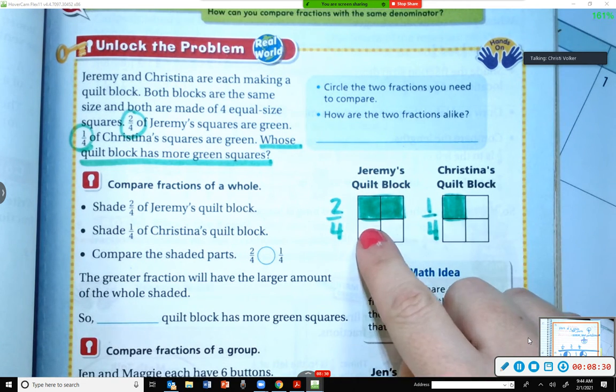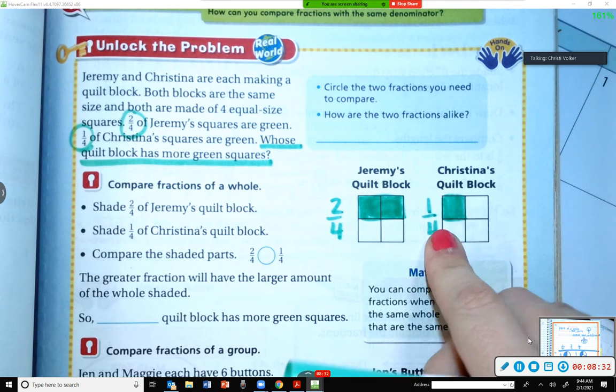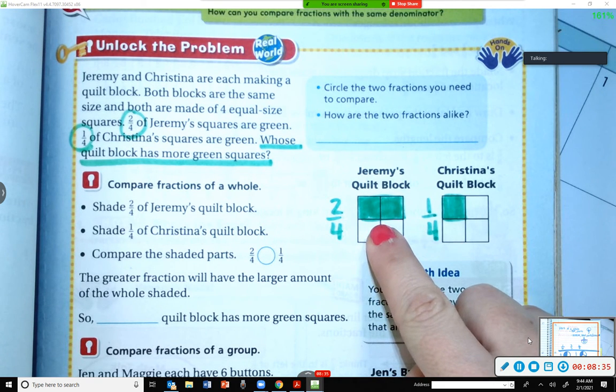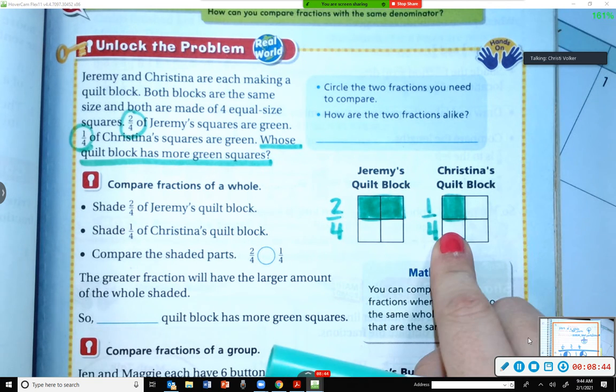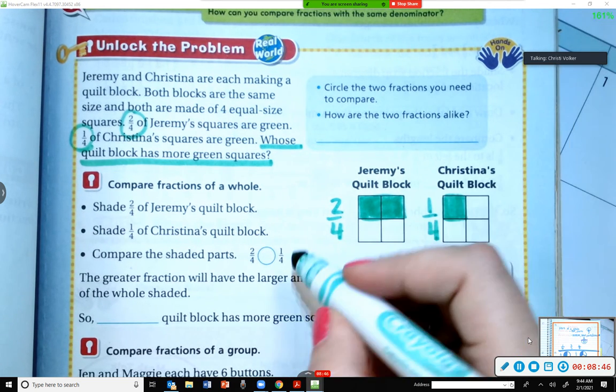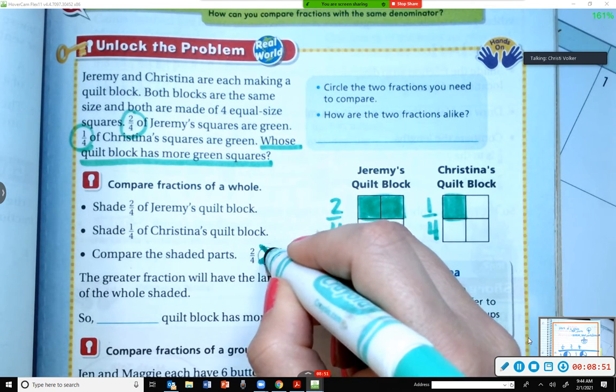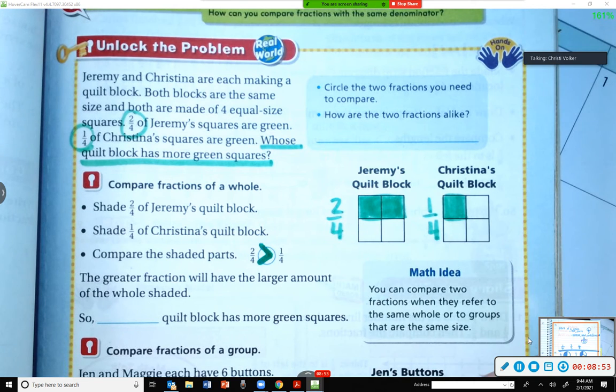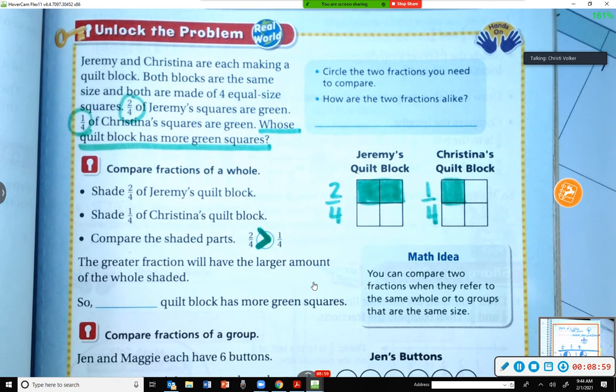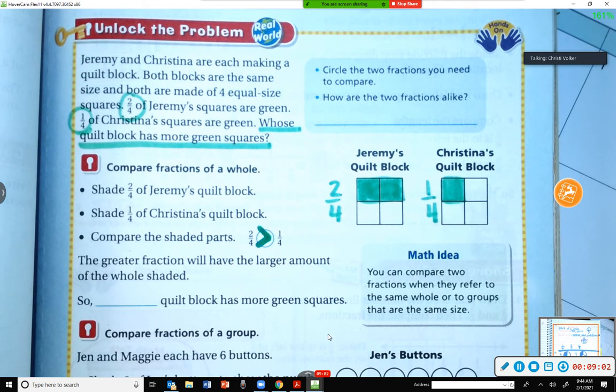So who has more, Jeremy or Christina? No, more green blocks, more that we shaded in. So Jeremy has 2 shaded, Christina only has 1. Okay, so our symbol needs to be pointed towards 2/4. The mouth needs to be eating 2/4. Okay, so 2/4 is greater than 1/4.